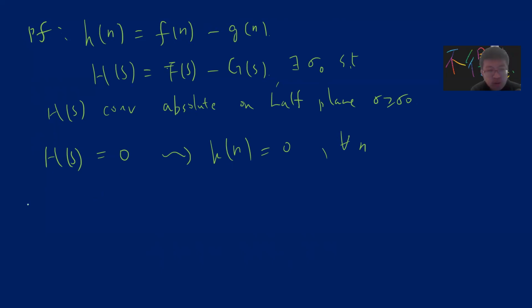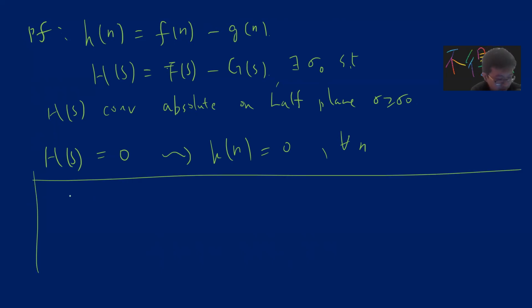We need to prove this by contradiction. So let's assume that h is non-zero. If h is non-zero, then there must be some minimum n_0 such that h(n_0) is non-zero.